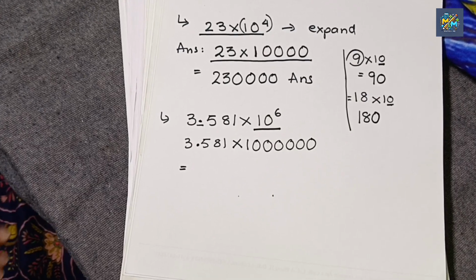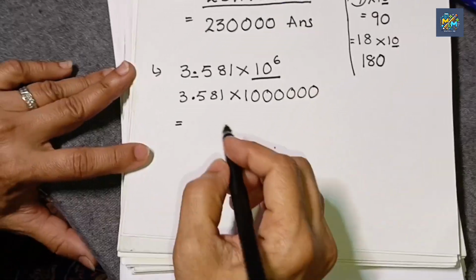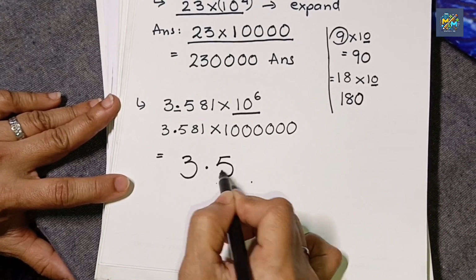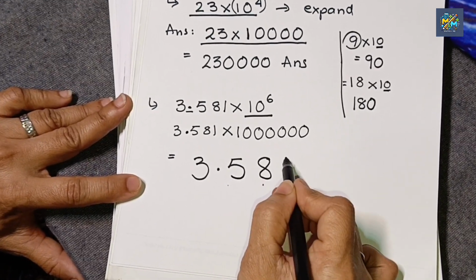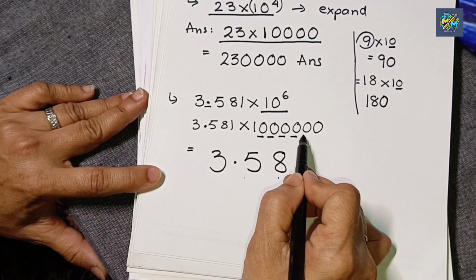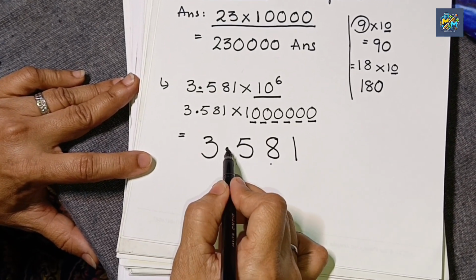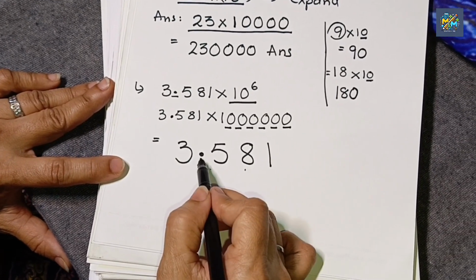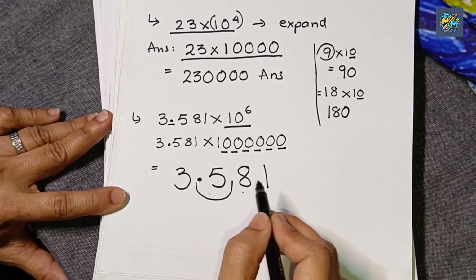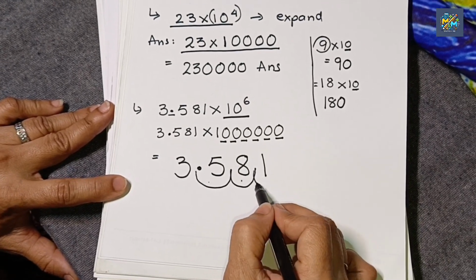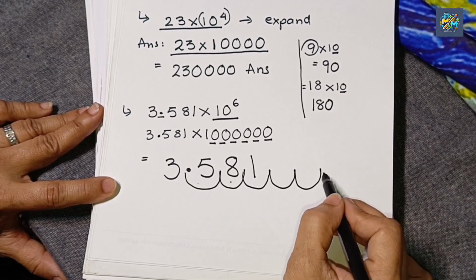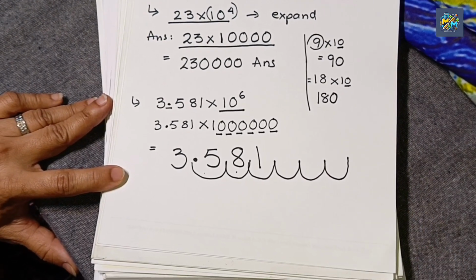Now here you know what we have to do. I'm just going to write this a bit bigger so that you can understand. 3.581, and how many zeros were here? 1, 2, 3, 4, 5 and 6. So I just have to start from here and make 6 moves. This is my first move, second move, third move, fourth move, fifth move and sixth move.